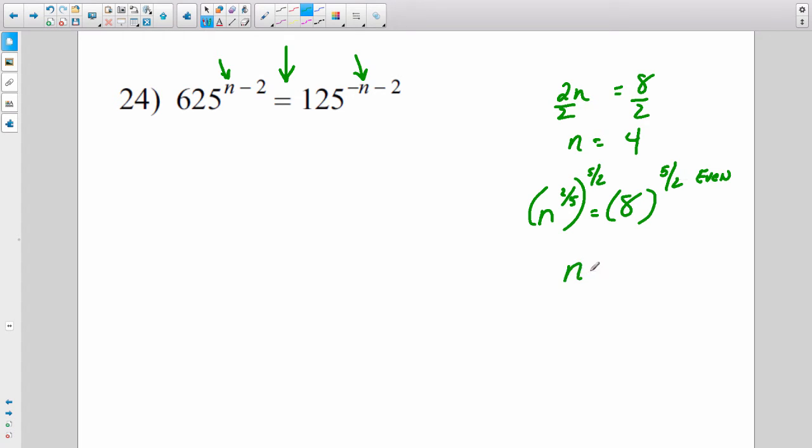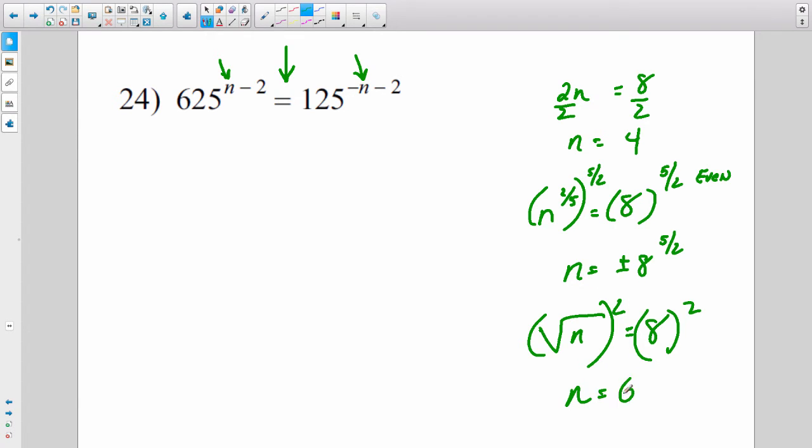So we would just say n equals plus or minus 8 to the 5/2. Then we had things like this. Radical n equals 8. So what do we do to solve radical equations? We square both sides. That gets the n out of the radical, and we get n equals 64.